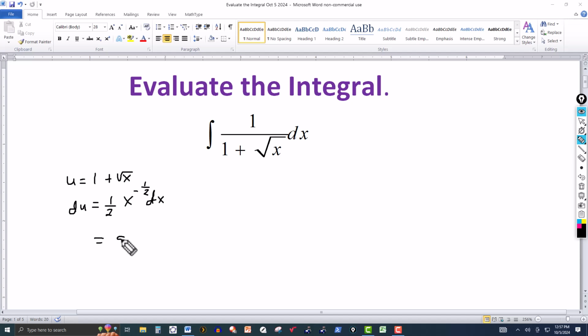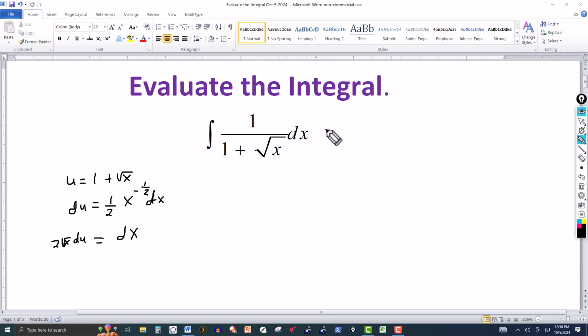Solving for dx, because I have to convert this into one involving u. So clearing the fractions here, I'm going to have a 2 and then x to the 1/2 when I multiply through. I can write it as the square root of x, and then I have the du.